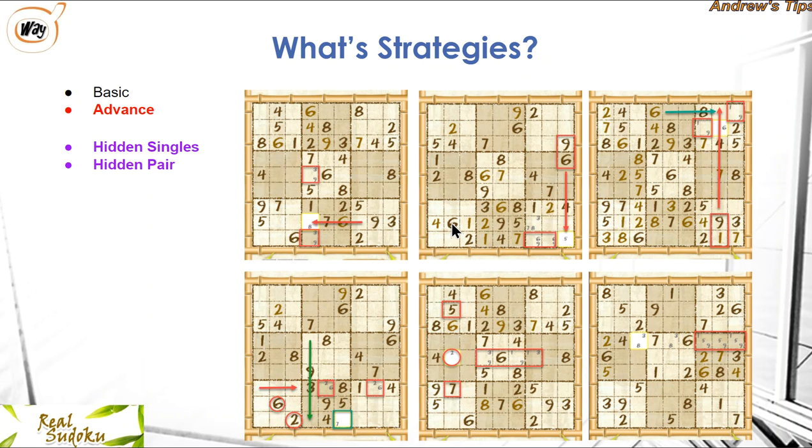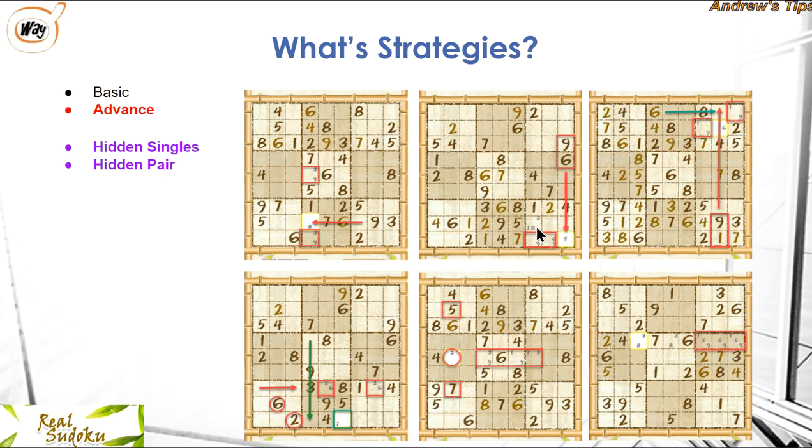Another scenario. In this row, we have 3 cells. The row already has 3, 7, 8, so the 3 empty cells need 5, 6, 9.